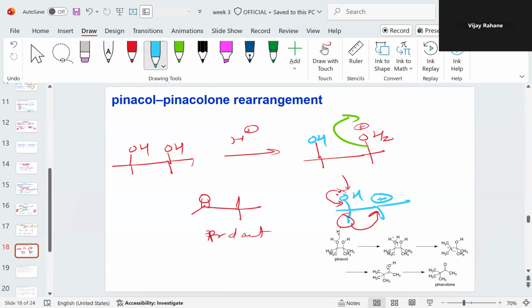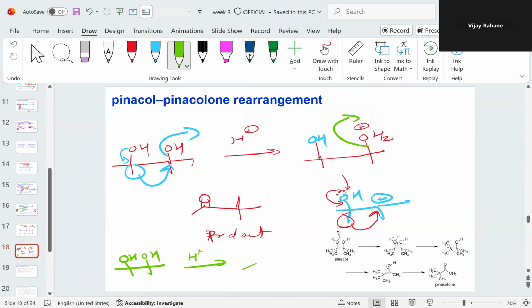In this pinacol rearrangement, one hydroxy group gets eliminated, and this forms a ketone, and one methyl group migrates here. So this is what we basically get in this reaction. If you just generalize this reaction, this is the starting material, and what will be the product in the presence of H plus?